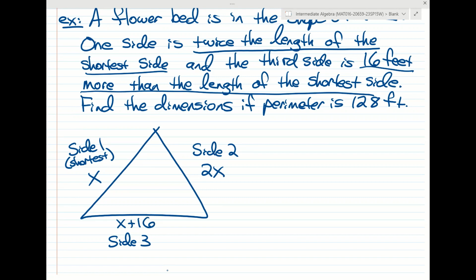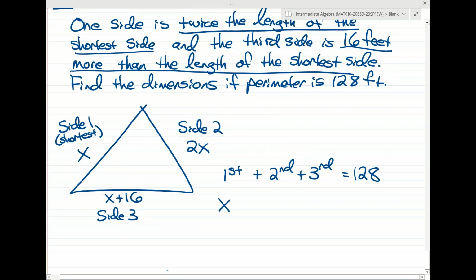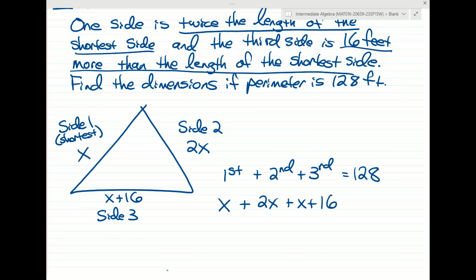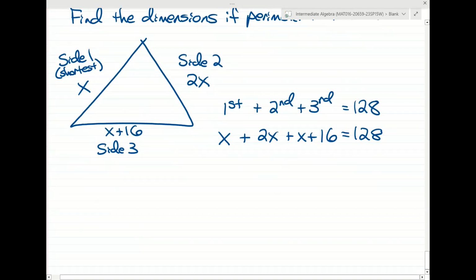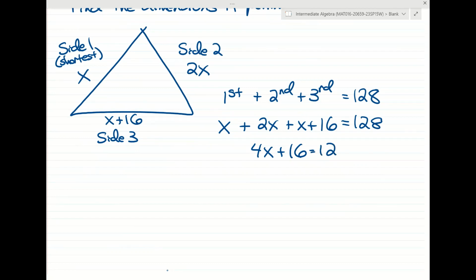All we have to do to finish is take the first plus the second plus the third, and that's going to give us 128 feet. Or X plus 2X plus X plus 16 is 128. X plus 2X plus X, we just get 4X plus 16 is 128.